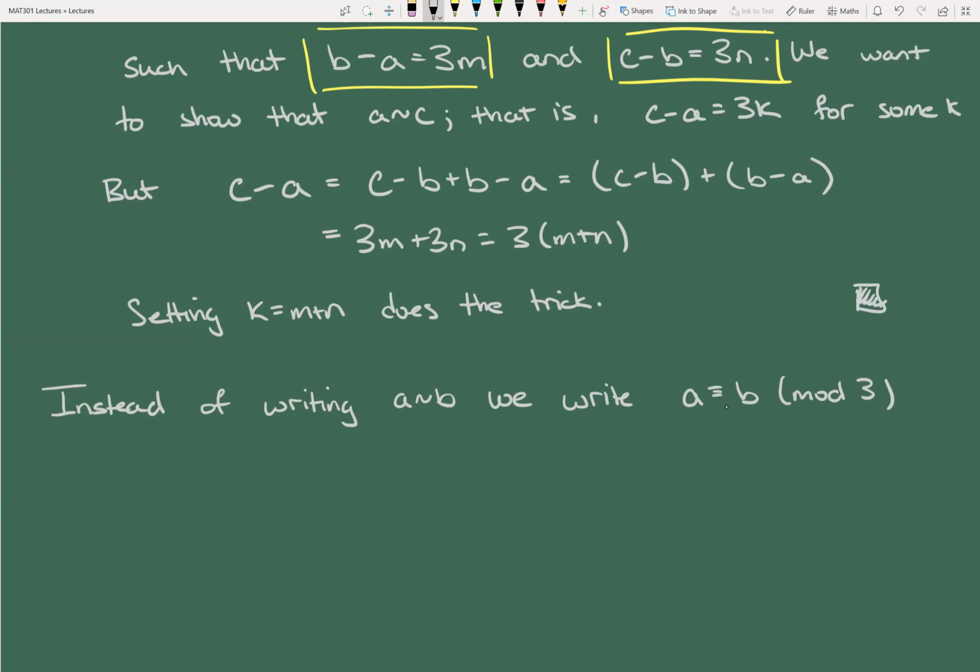Now, hopefully, if you think about what we just did in proving reflexive, symmetric, and transitive, you can convince yourself that there's nothing special about the number 3 here, right? If I'd replaced it with the number 5, certainly reflexive and symmetric are true. Those proofs aren't crazy at all. If I replaced 3 with 5, everywhere there's a 3 in the proof, replace it with a 5, and the exact same proof goes through. So there's absolutely nothing special about the number 3.